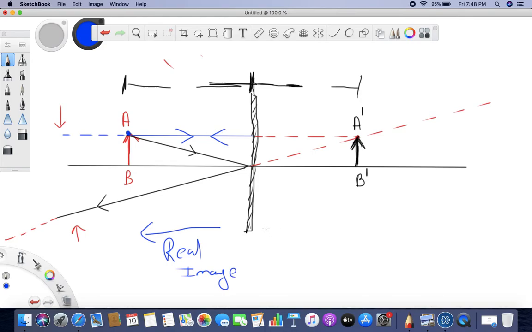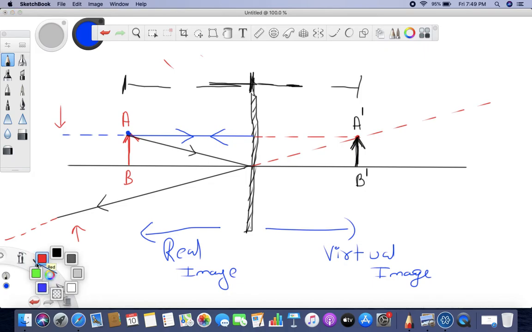And if you get an image behind the mirror, it is called a virtual image. The image you see of yourself in a plane mirror is not a real image. It is a virtual image.